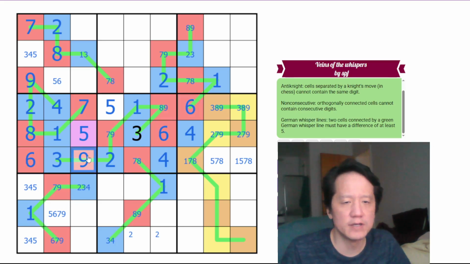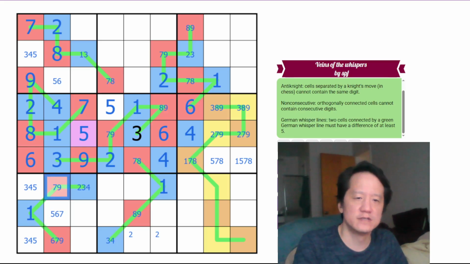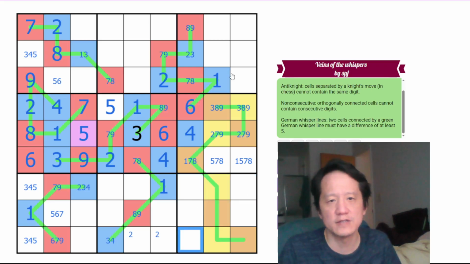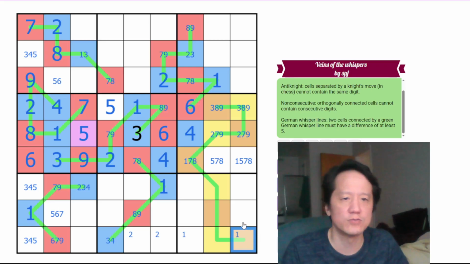This can't be 9 because of anti-knight. So 9 has to be one of these two digits here. 1 cannot be here. 1 can't be any of these cells. So 1 has to be one of these two digits. We're not sure which.